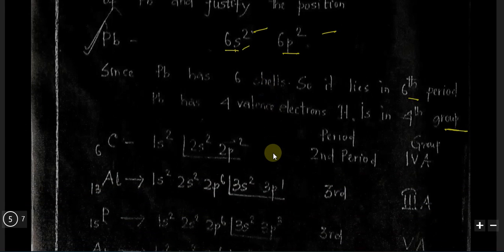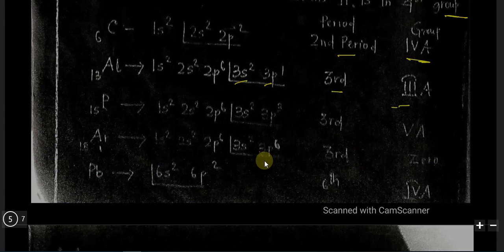Carbon is 1s2 2s2 2p2, so second period and group 4. Similarly, aluminum is 3s2 3p1, so it is the third period and group IIIA. Phosphorus has outermost 3s2 3p3, so third period and VA.